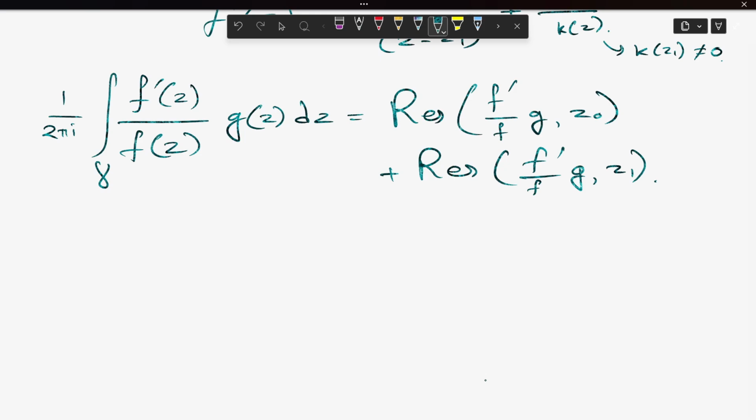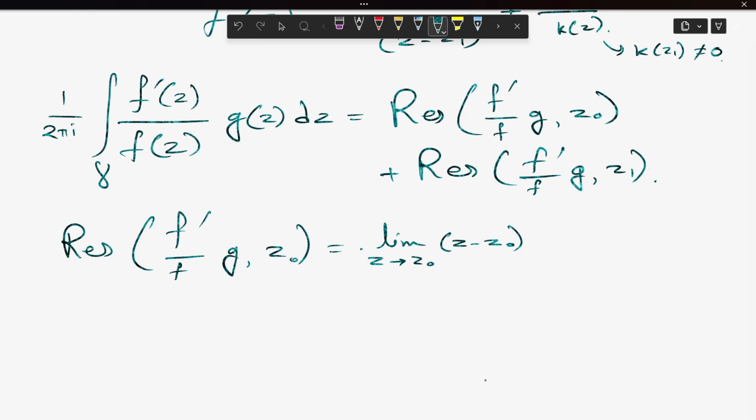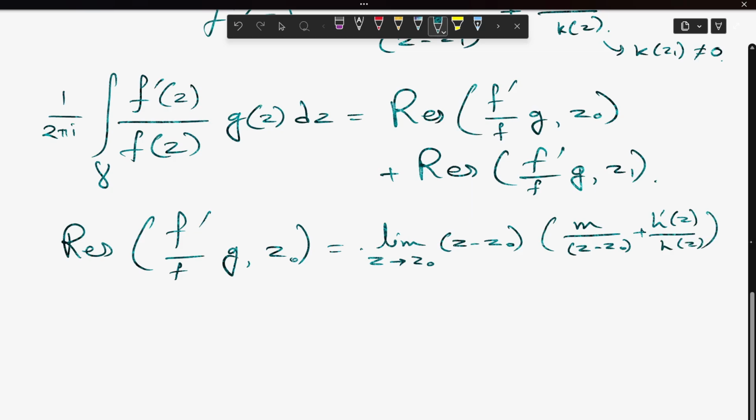We know the residue at z0, that is the first part, the residue of f dash by f times g at z0, will be the limit as z tends to z0 of z minus z0 into m by z minus z0 plus h dash z by h z, into g of z.